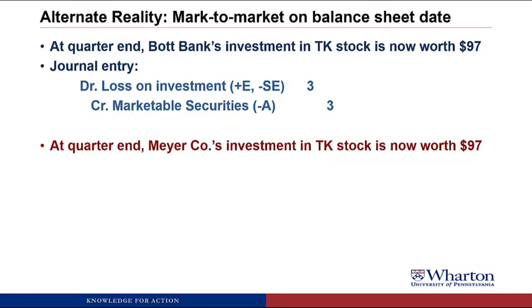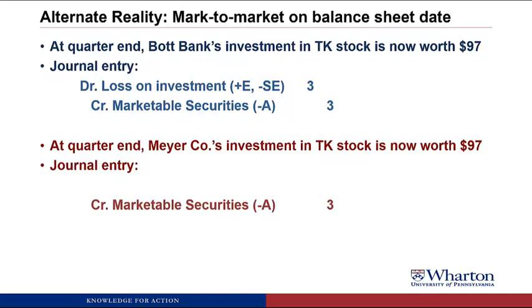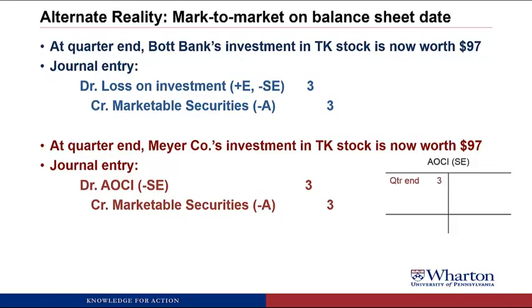Meyer has the same investment, also drops to 97. They also do the credit to marketable securities to mark the balance sheet to the market value, go from 100 down to 97. But remember, under AFS, their unrealized loss is going to go into AOCI. So we bring up our AOCI account, and that debit stores up the loss until we need it when we sell the security.